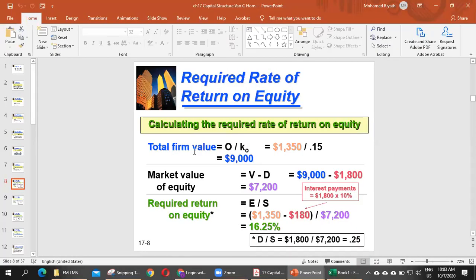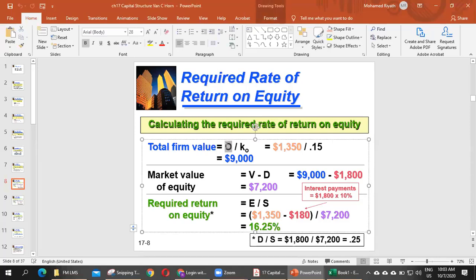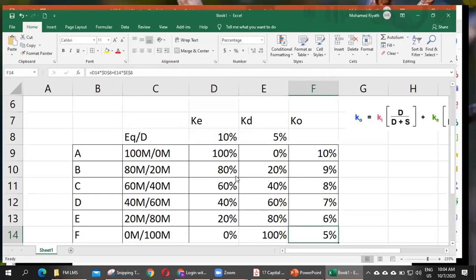Right. How to calculate value of the firm? Operating profit divided by overall cost of capital. Right. Now we go back to the Excel sheet.